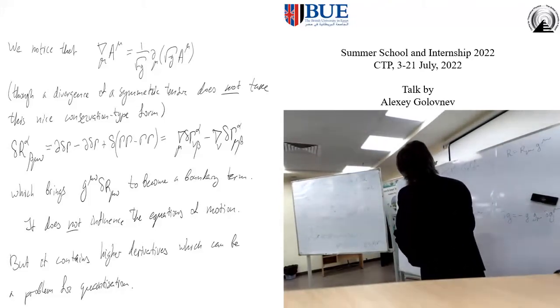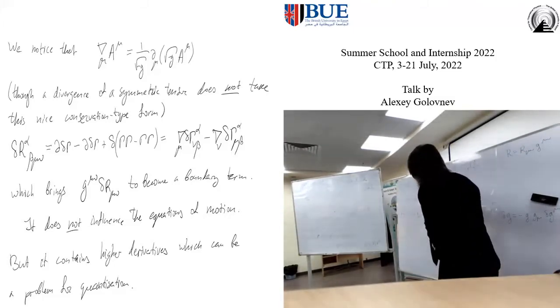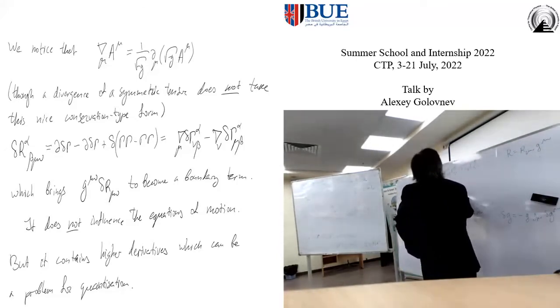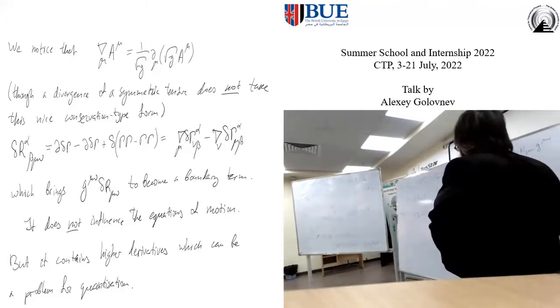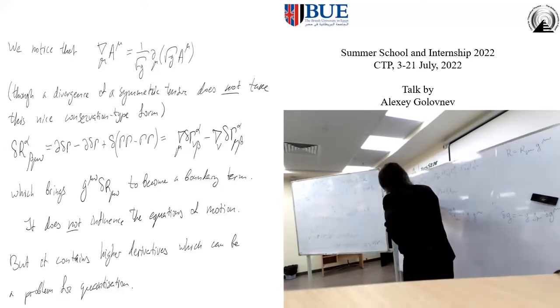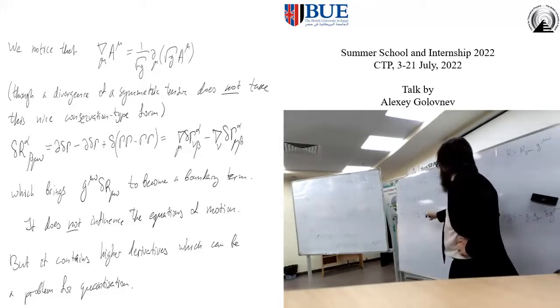Let me do the variation with respect to the inverse metric. Either I take the variation of this g^{μν} here, and I get R_{μν}, or I take the variation of the square root of minus g, how I do it here.